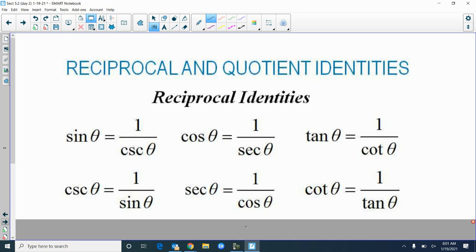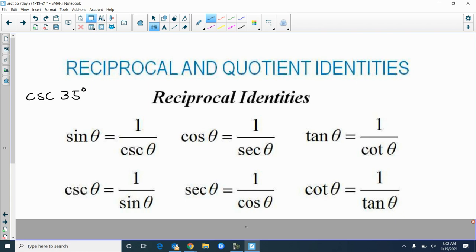Now, this helps us a ton because what is the cosecant of 35 degrees on your calculator? Okay, use your calculator. Where's your cosecant button at?